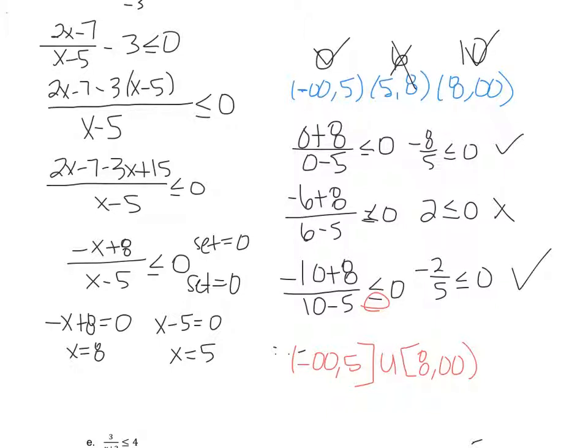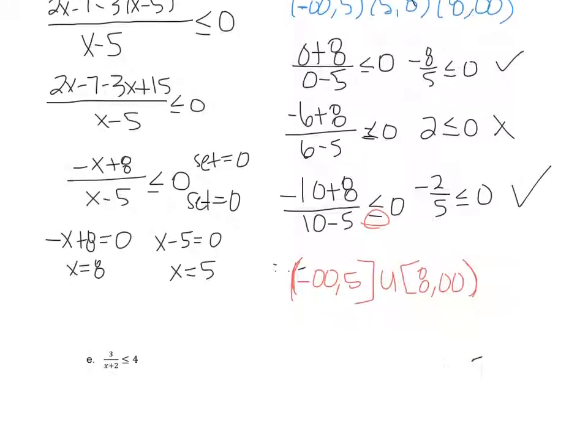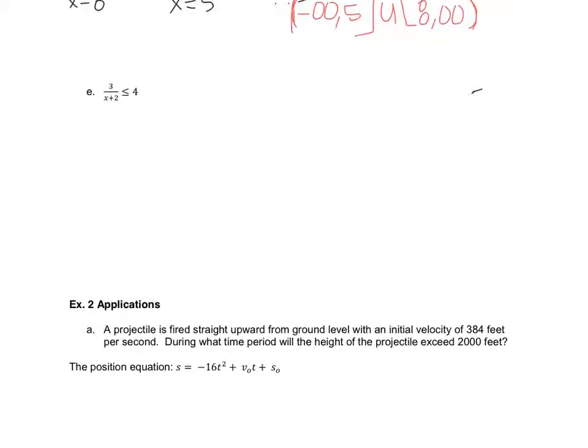Now, why am I not putting brackets on my infinities? You don't have to put a bracket on infinity because we can't really pinpoint that number to include it because it goes on forever and ever. So we always just use a parenthesis when we're talking about infinity. And there's your solution.